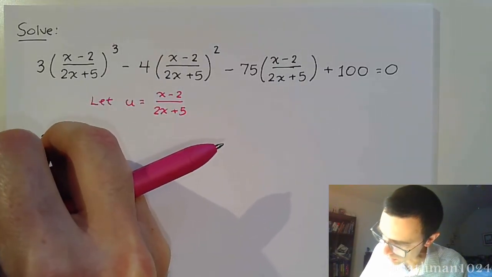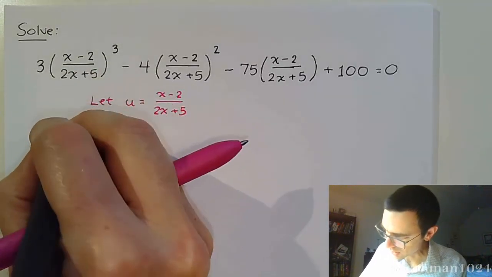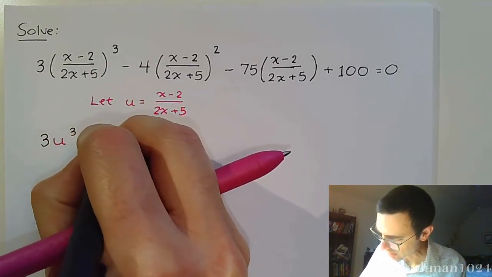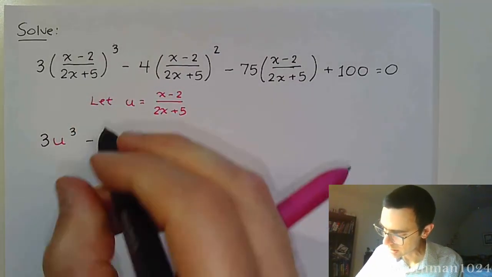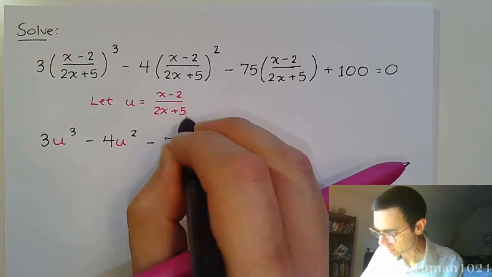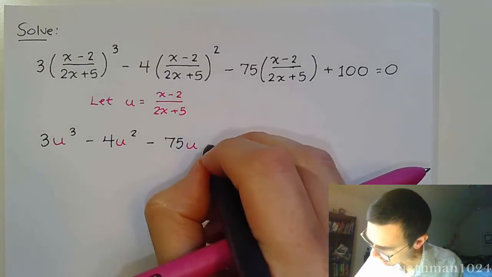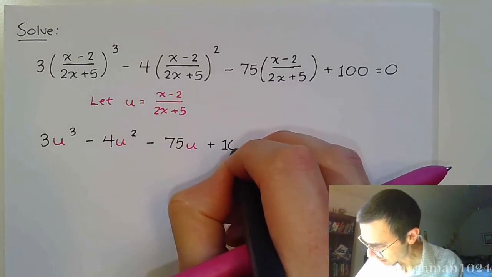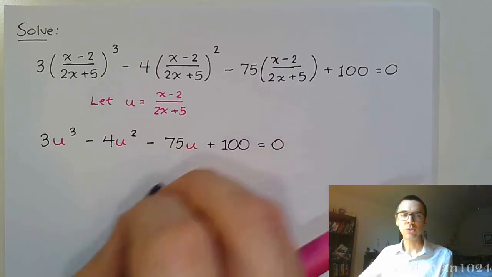So this is now 3u to the third minus 4u squared minus 75u plus 100 equals 0.